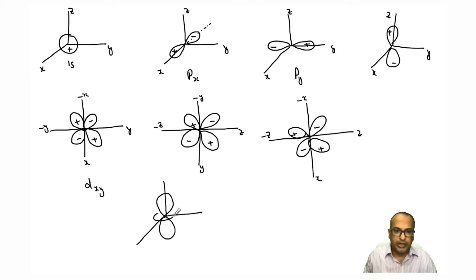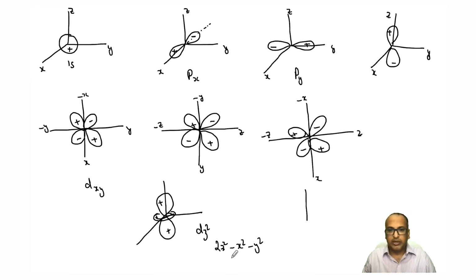And then there is a ring of negative phase over here, like this. So you have negative here and positive here. This is called dz square, and the actual functional form, if you want to write in terms of Cartesian coordinates, you can write it as 2z square minus x square minus y square. For calculation purposes, it is taken in the complete form.